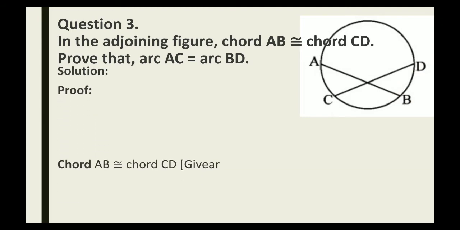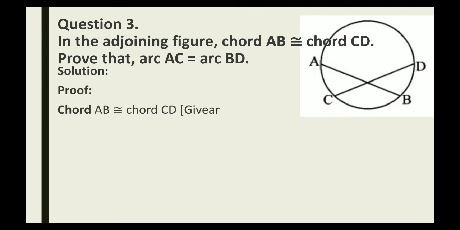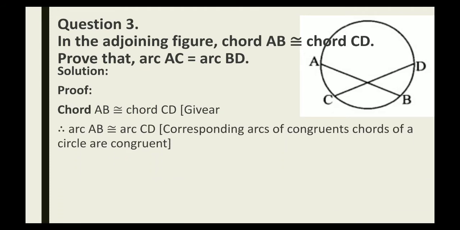It is simple, children. Mostly it has been asked in the examination. Since chord AB and chord CD are congruent, it is given, arc AB is congruent to arc CD. We have learned the property also. Corresponding arcs of congruent chords of a circle are congruent.